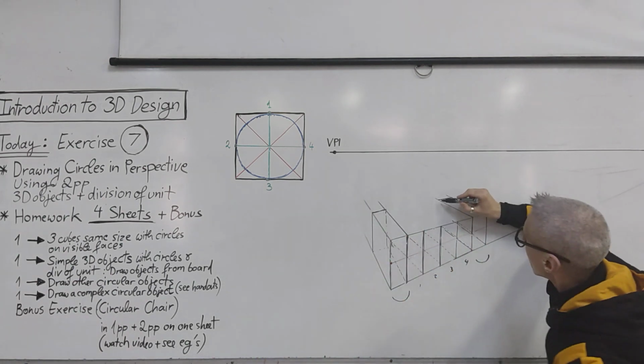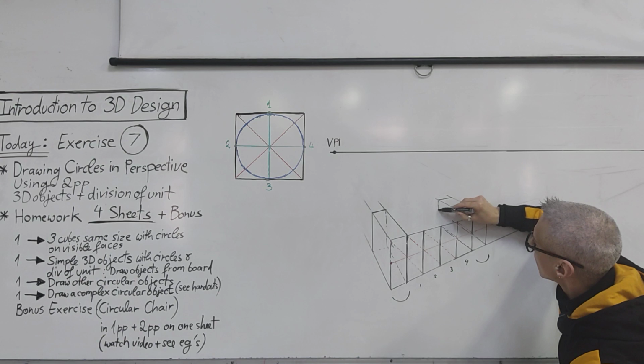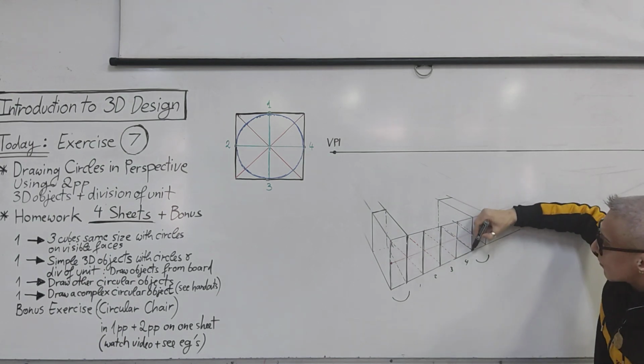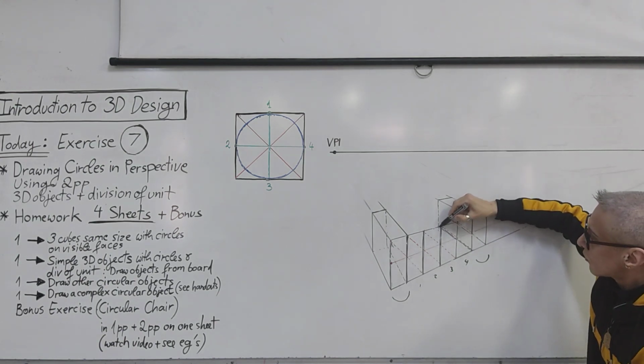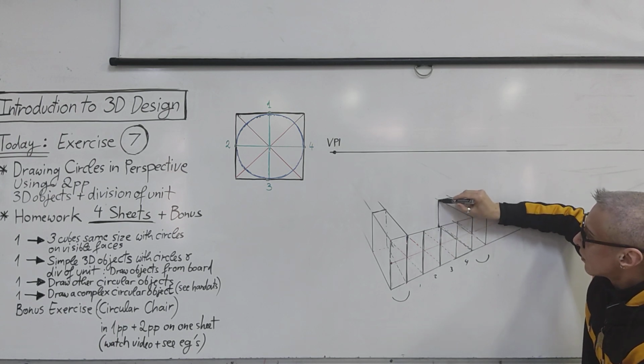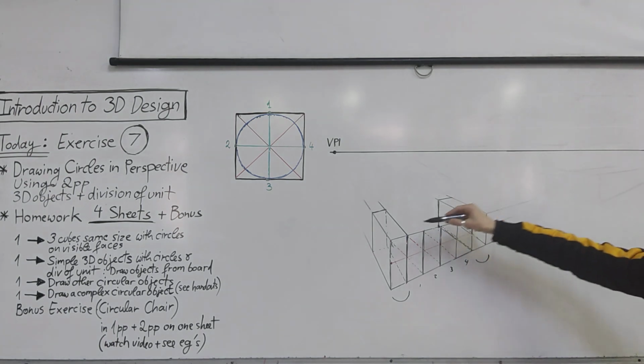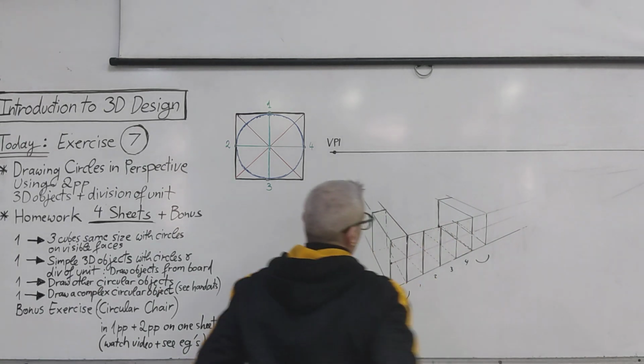Okay. And then down from this line, where it will cross, here is the end of this line. Okay, so this object here and this object. We finished.